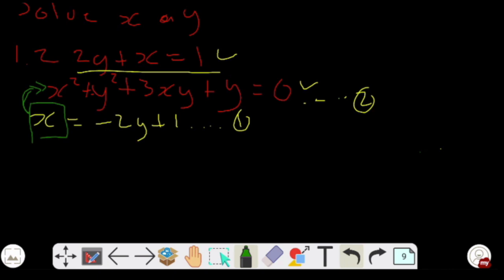Meaning your statement should be substitute 1 into equation 2. Substitute 1 into equation 2.